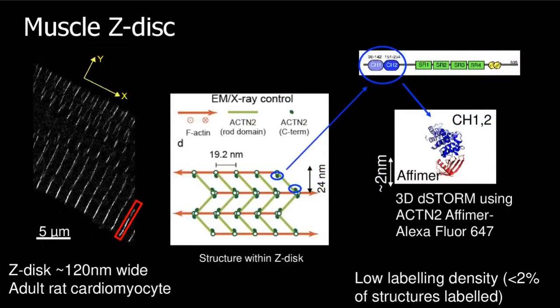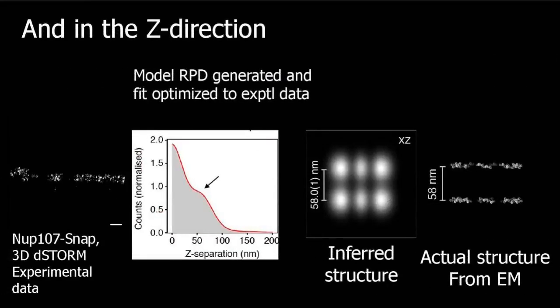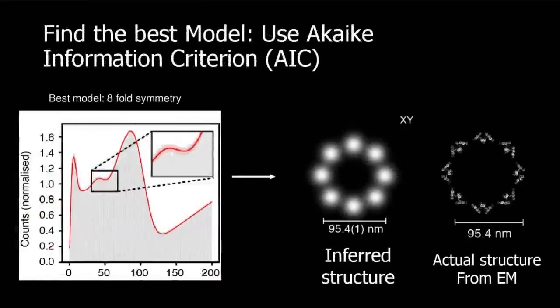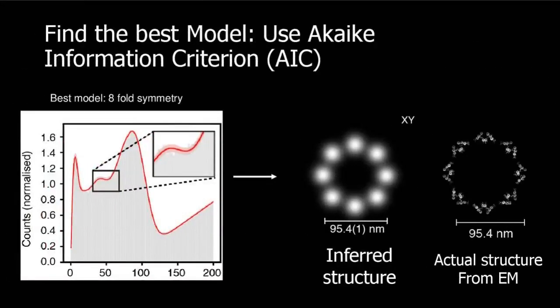Actually, just before I leave that, this plot is done not doing any sort of depth discrimination at all. What we can do is replot this RPD plot, but restrict the Z distance that we're looking at, because in fact there are 2 rings on top of each other, and they're not exactly on top of each other.